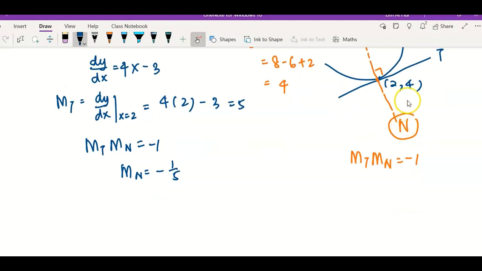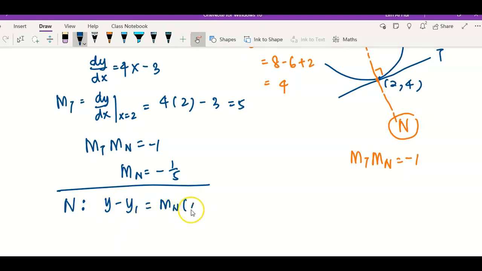So now I have the point (2, 4) and I have the gradient, -1/5. In order to get the equation of the normal, I use my formula, y minus y1 equals mn times (x minus x1). For y1, we take the same point which the tangent passes through, 4. mn is given as -1/5, which we found just now, and x1 is 2.